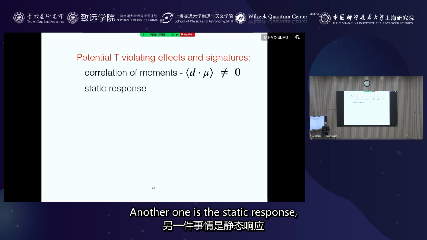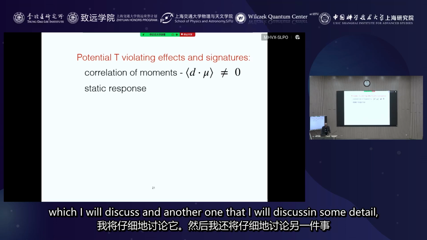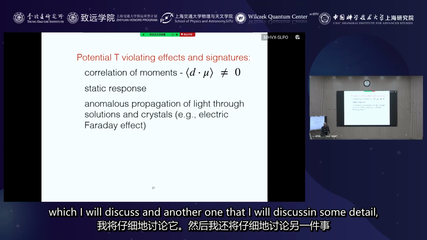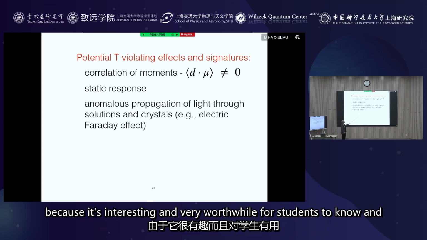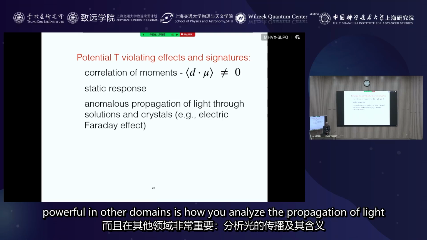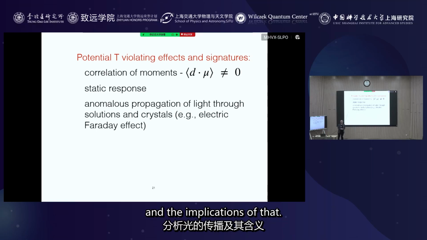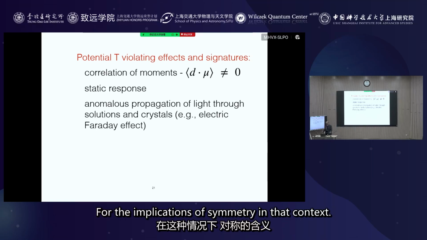Another one is the static response, which I will discuss, and another one that I will discuss in some detail, because it's interesting and very worthwhile for students to know and powerful in other domains, is how you analyze the propagation of light and the implications of symmetry in that context.